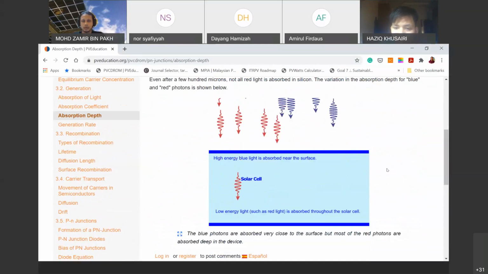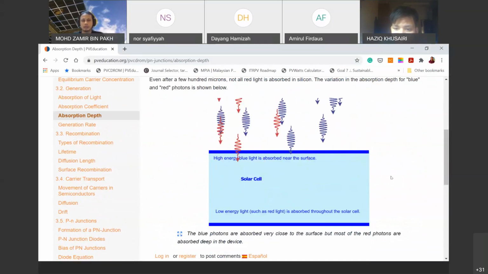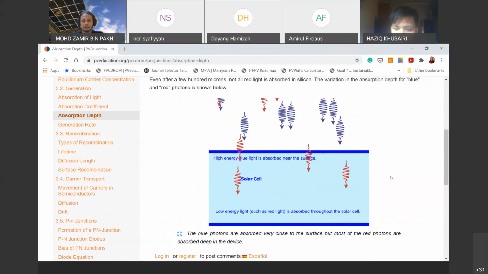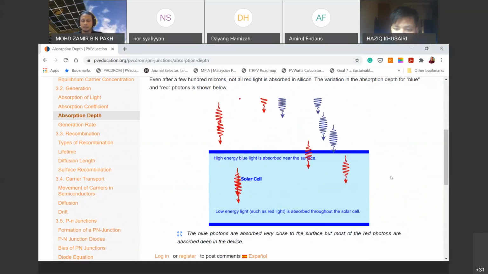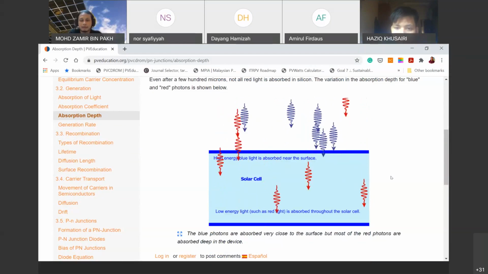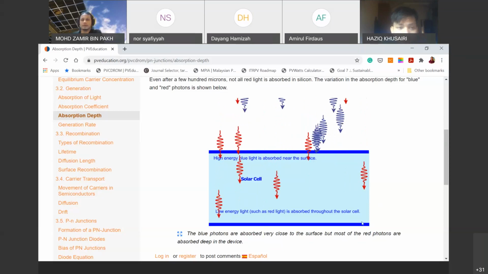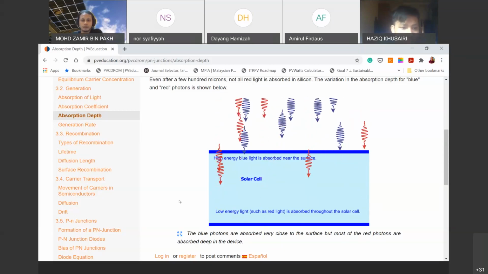So we have two types of photons here. We have blue photons, which have short wavelength or high energy, and at the same time we have red photons, which have long wavelength but low energy. Okay, so if you compare this, look at the absorption depth of both photons.